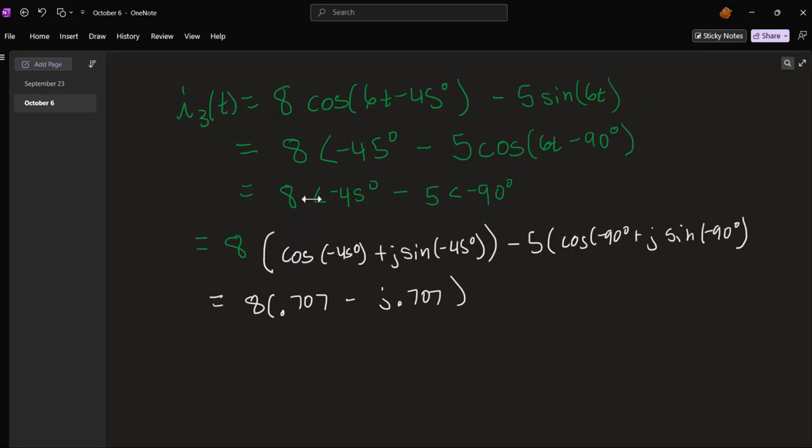This online one gives it to me exact, while the regular calculator tells me what that actually is. So 5.65 minus j 0.656. There it is in a plus bj form, or I can go to the complex menu and turn it into polar form, and it gets me 5.69 angle negative 6.62 degrees.